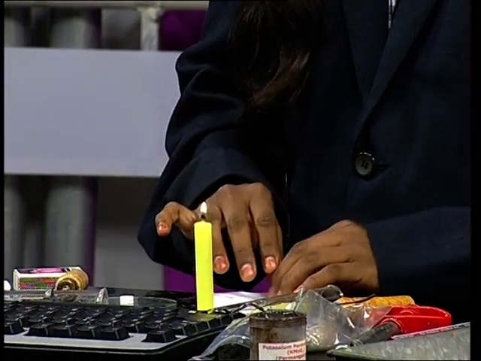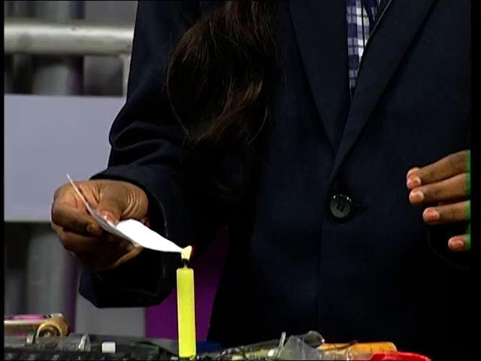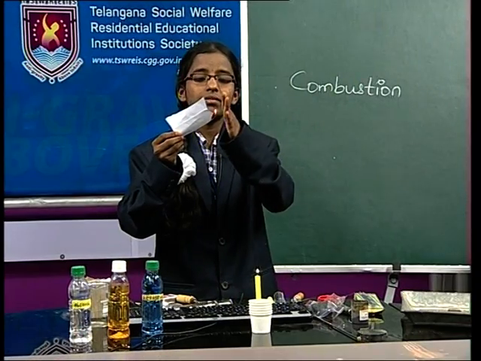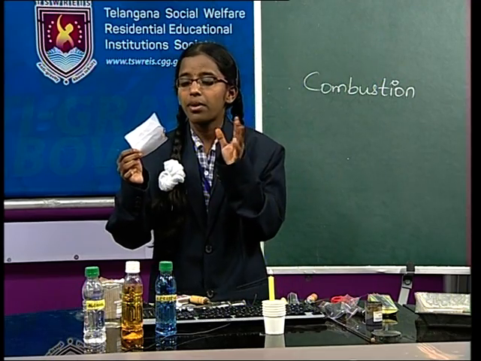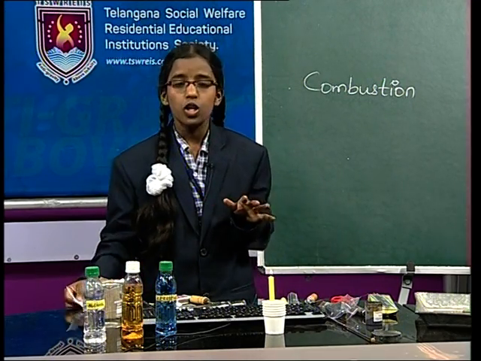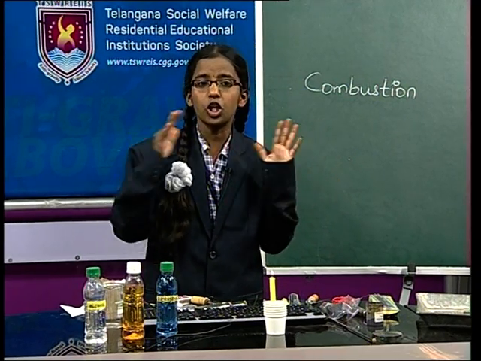See here, friends, I am keeping the paper, I am burning the paper, see. Yes, I am feeling it is hot and it is also producing light. So, by this we can say the materials which burn will produce light and heat.